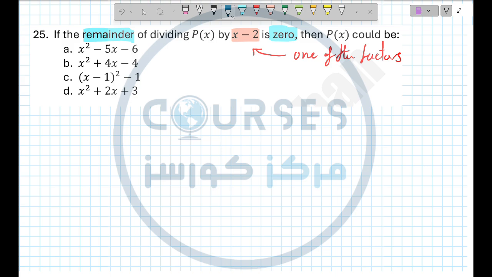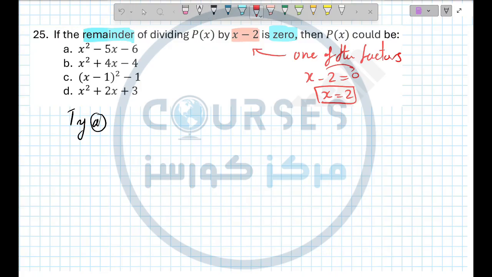So what you can do here, make x minus 2 equal to 0. I think this way is easier. Move the negative 2 so x is equal to 2. What do we do by this? Plug this into here. Whatever gives you a 0 is the answer. How so? Try A.